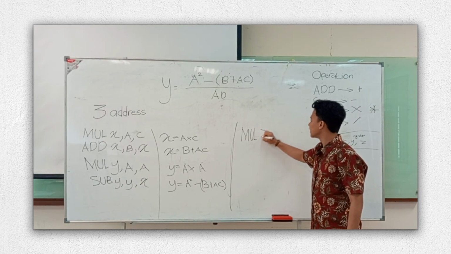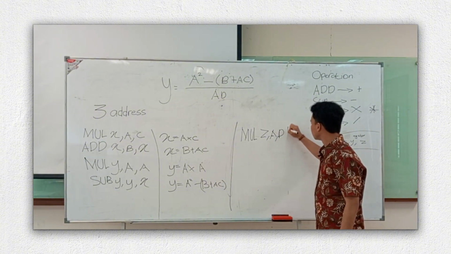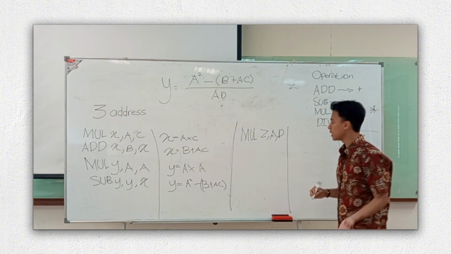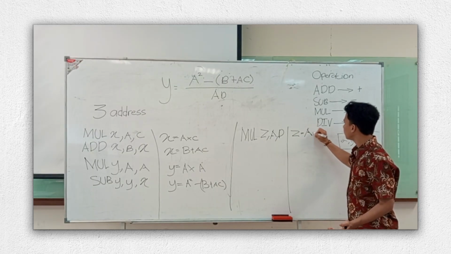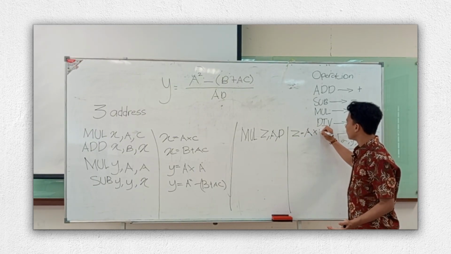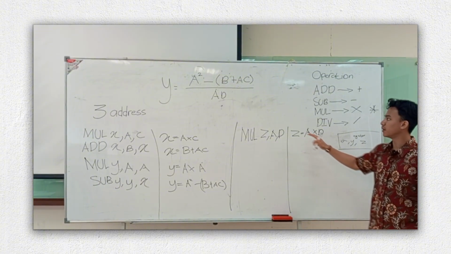We store in Z A times D, in which it's equivalent to Z equals A times D, like this, which is already the same as this one.